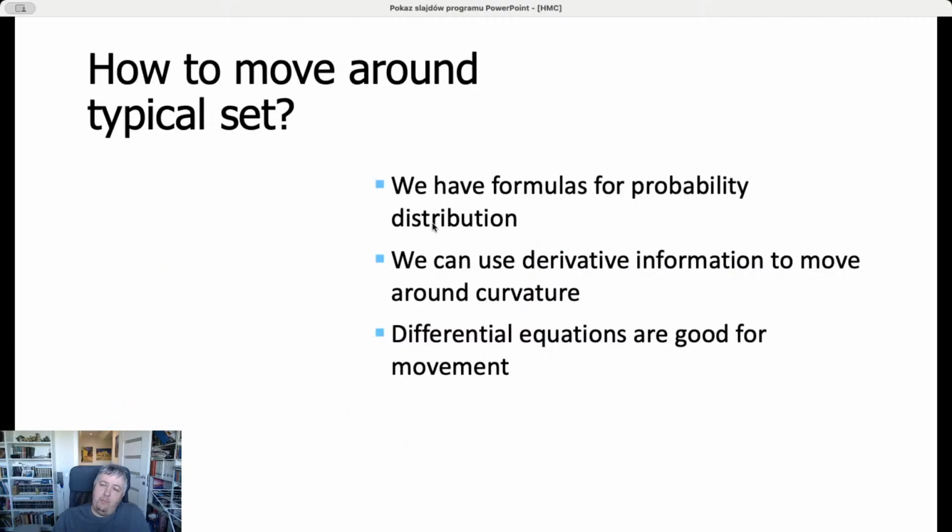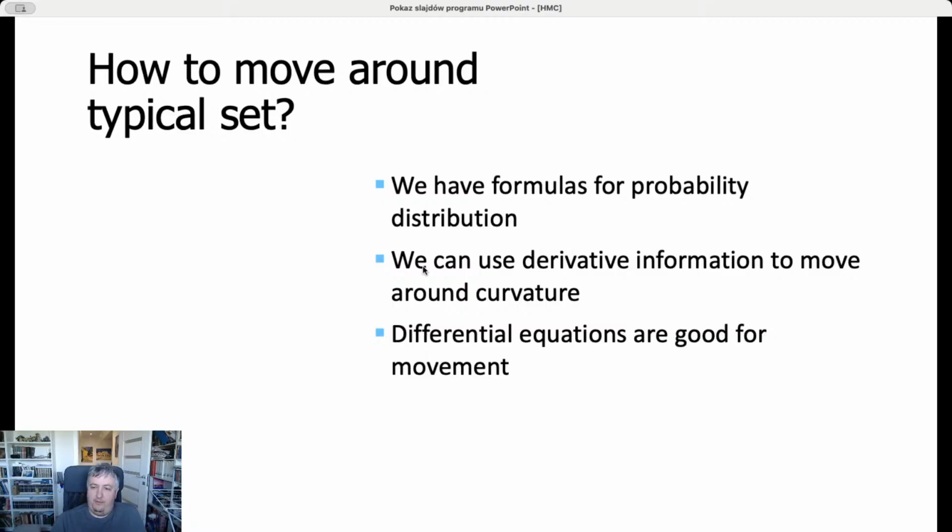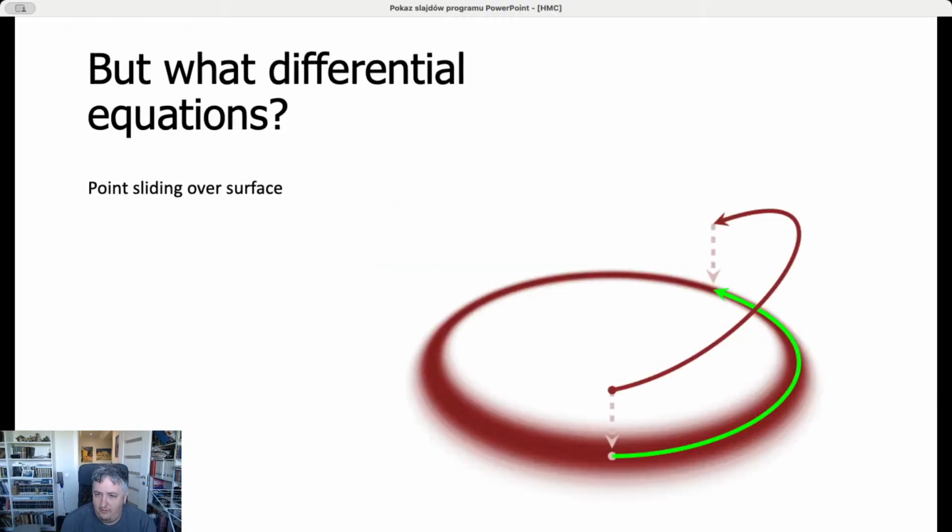Well, while the typical set is not known to us, we still have formulas for probability distributions. And we can use derivative information to move around that curvature, because the curvature of any function can be determined by following its derivatives. Moreover, equations of movement are something that can be followed using certain differential equations.